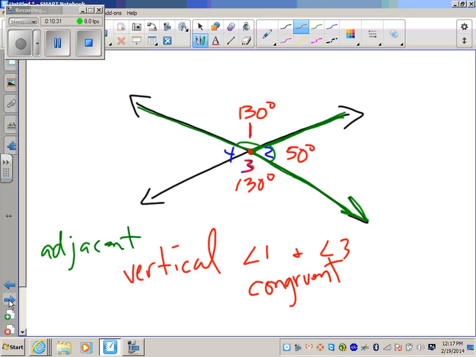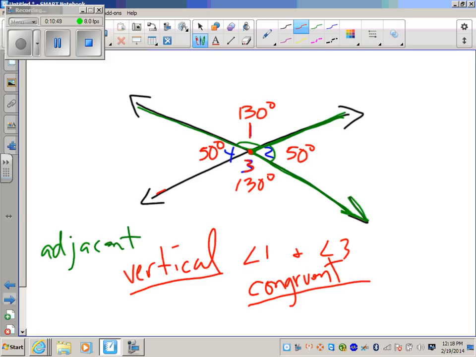Angles 2 and 4 are also vertical. Vertical angles are also congruent. So I know if that one's 50, this one also has to be 50. And I've got supplementary angles all over the place.